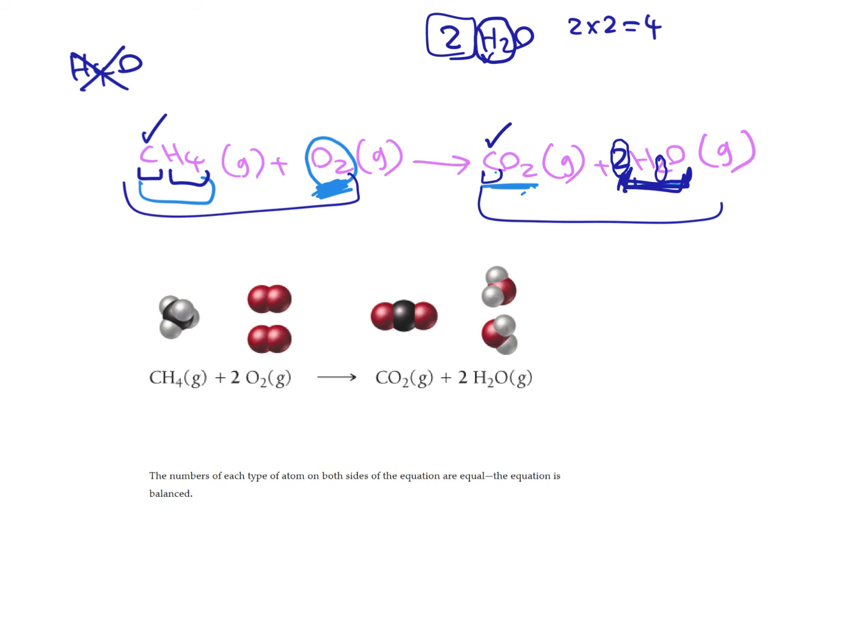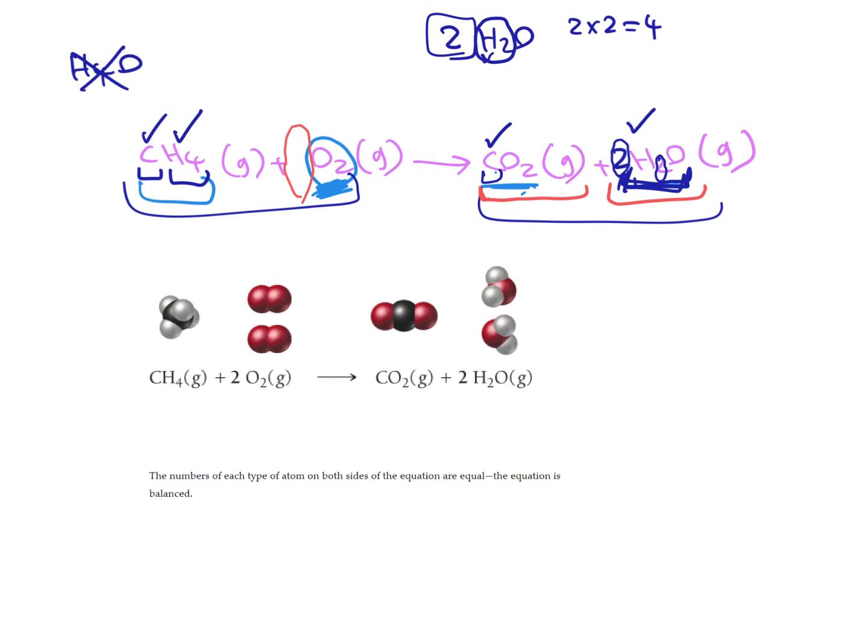So now we took care of hydrogen. Now that we're all set, we go to oxygen and count the number of oxygen atoms here, and then change this coefficient accordingly. And that's why we put that last, because whatever we got, we could just put the coefficient for oxygen.